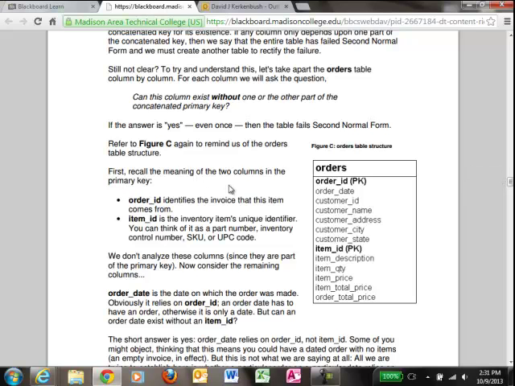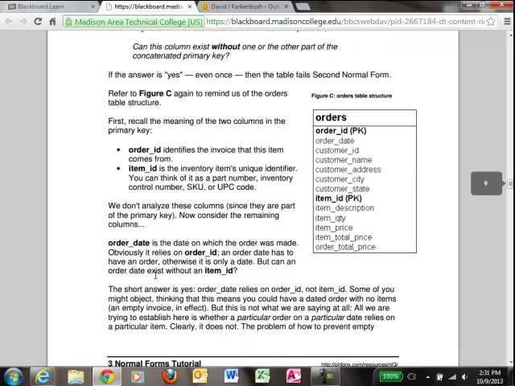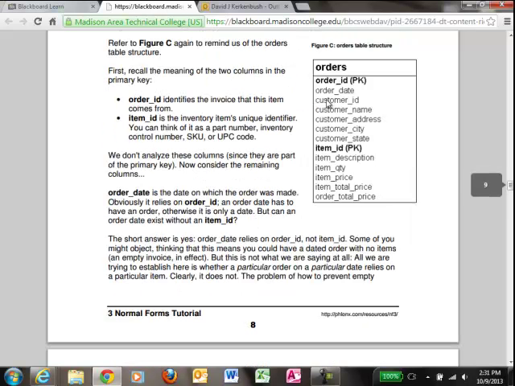We've got two fields that are the primary key, order ID and item ID. We had to do that to make each record unique in the first normal form that we talked about in the last video. We go through each of these fields and determine if they're only dependent upon part of the primary key. Let's start with the order date.